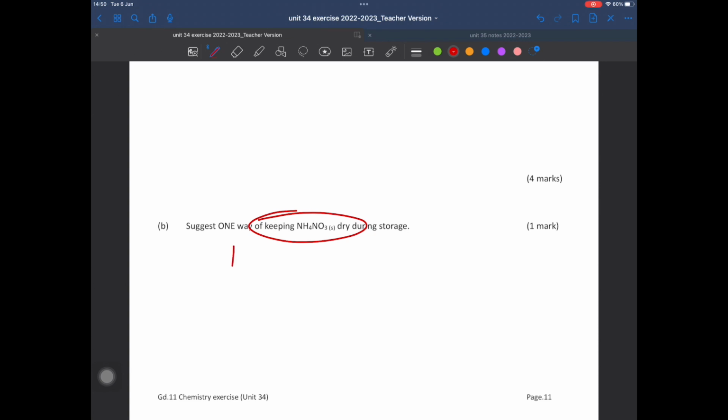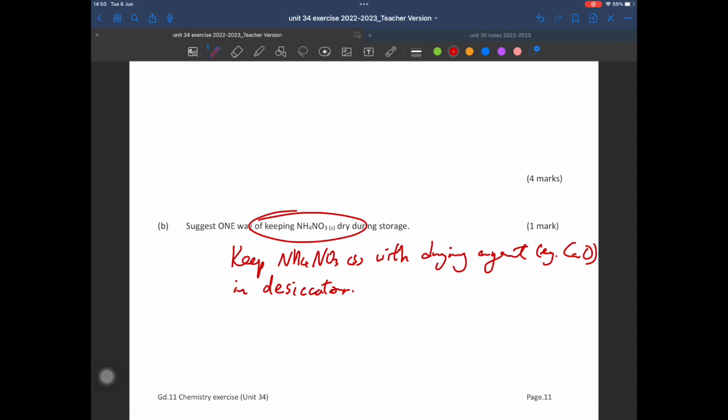So here is a better answer. You should mention keep the ammonium nitrate solid with a drying agent, for example calcium oxide or silica gel, in the desiccator. Now of course you should not use concentrated sulfuric acid as a drying agent, right?